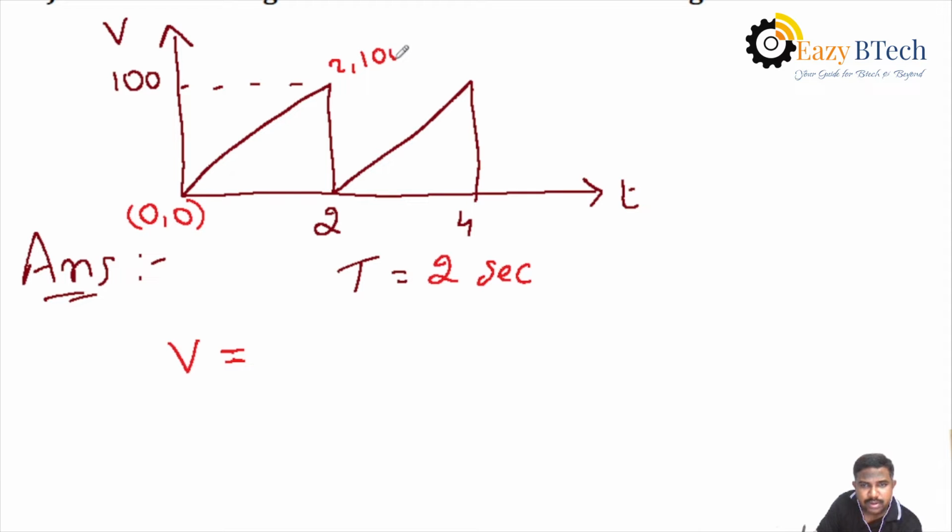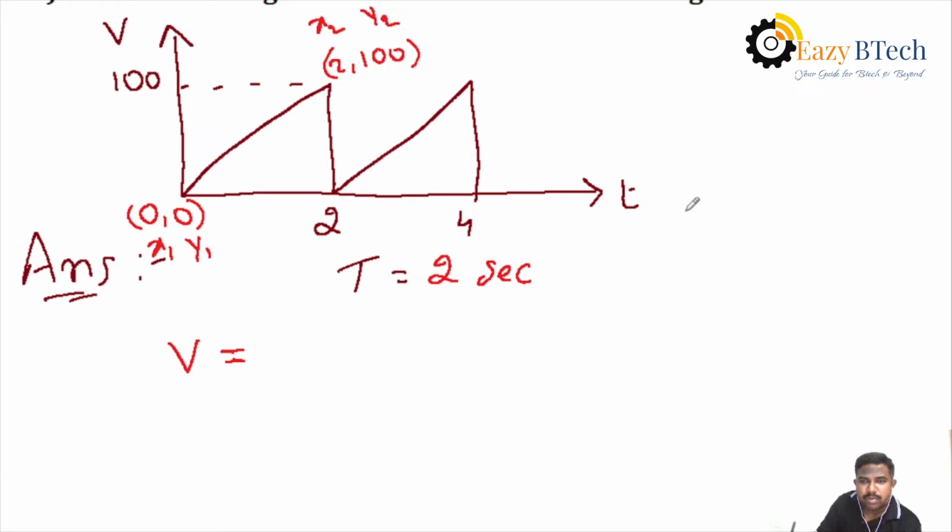In this waveform, the points are (0, 0) and (2, 100), that is x1, y1 and x2, y2. We have two points, and between the two points we must find the equation of the line.